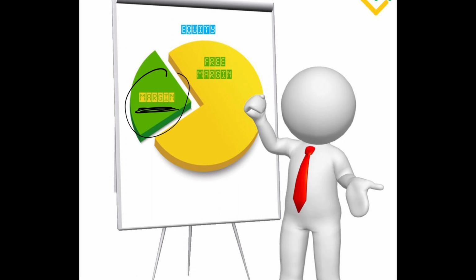Then the remaining money that will be left, that you can use now to place another trade, is called free margin. So this free margin is the money that is left that you can use to place other trades. This free margin plus your margin equals your equity.